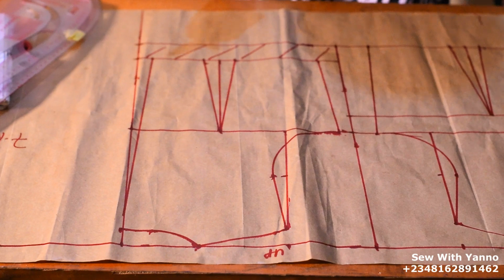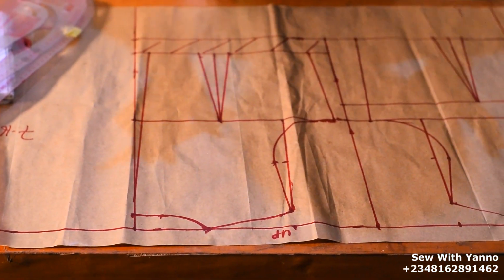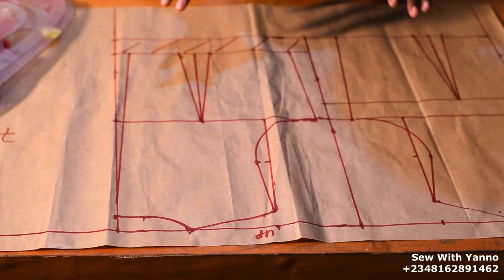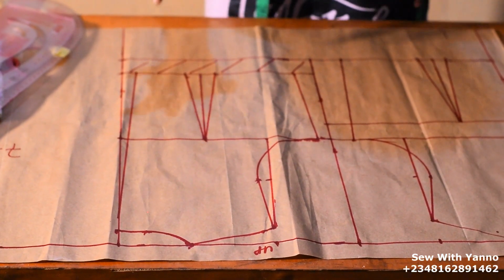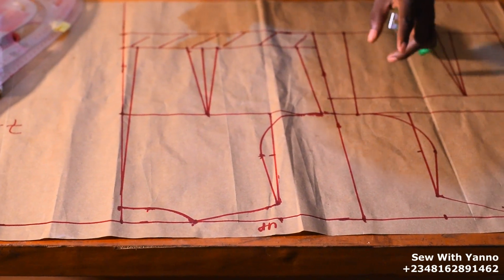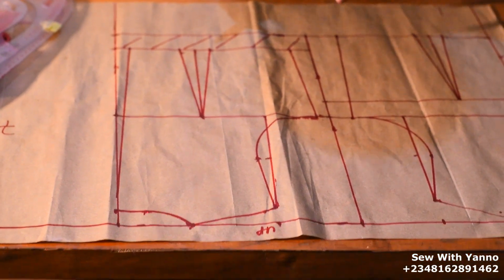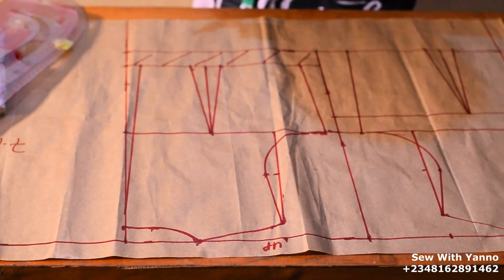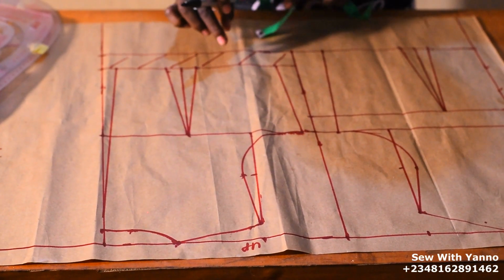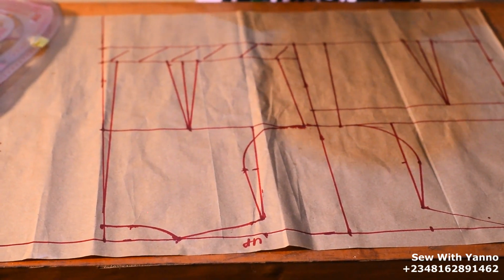Okay, and now, as I said earlier, the type of basic bodies we are drafting is the bust dart technique. Because we are using the bust dart technique, for our front side seam and our back side seam to align, the difference between our front and back will be our bust dart.